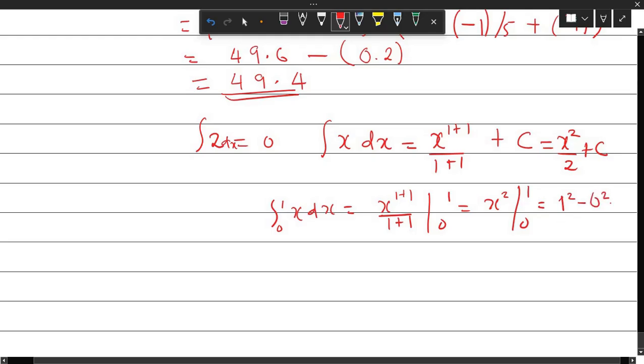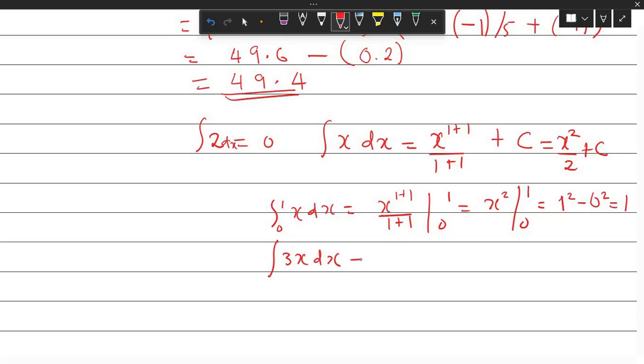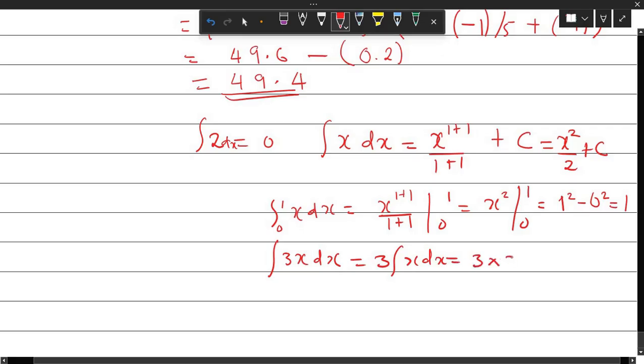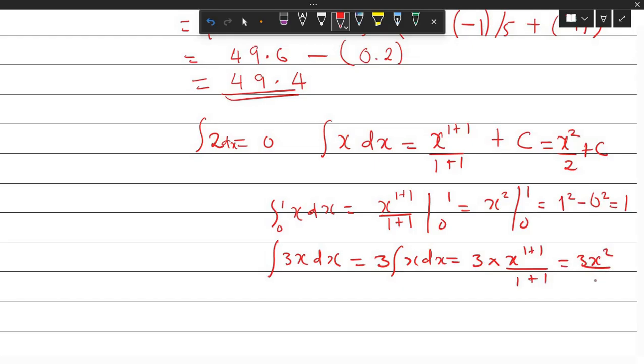Okay, so if you are integrating 3x dx, 3 is a constant, so it's the same as 3 will come out, x dx. Then you apply the formula: 3 multiplied by x to the power 1 plus 1 over 1 plus 1. So this will be 3x squared over 2. You add a c if you don't have limits. Okay, so that's it for today.